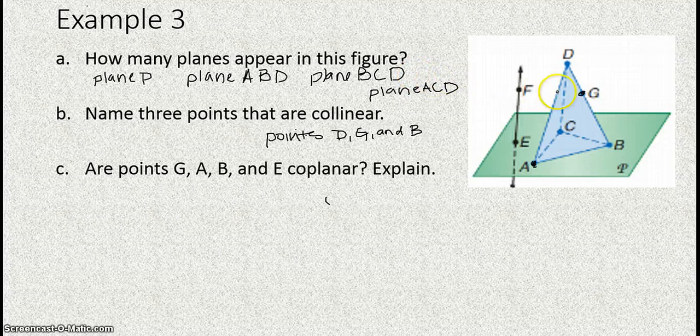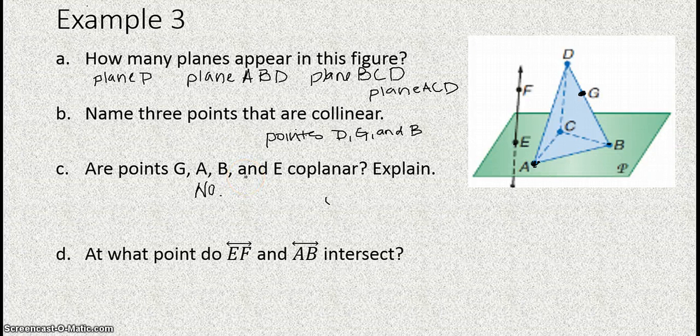So let's first locate them. G, A, B, and E. Okay, G, A, and B are all kind of on that front triangle, so they are coplanar, but since E is over here, it is not. So that is going to be a no, and I'm going to let you put that in your own words. Again, pointing out that some of the points are coplanar, but one of them is not.